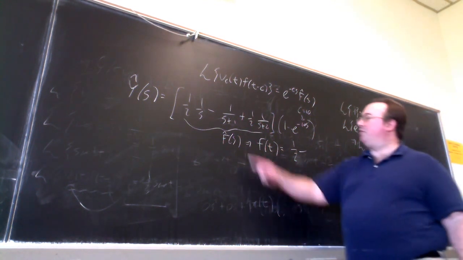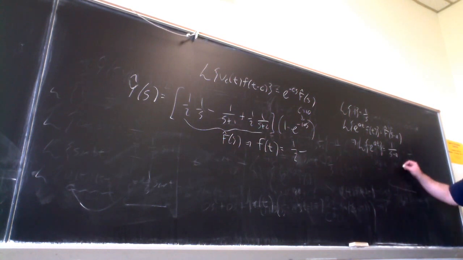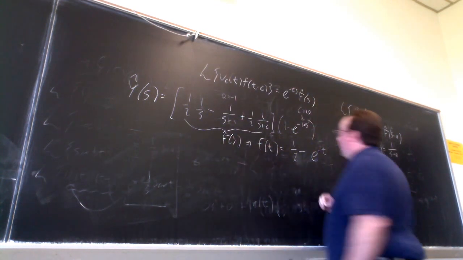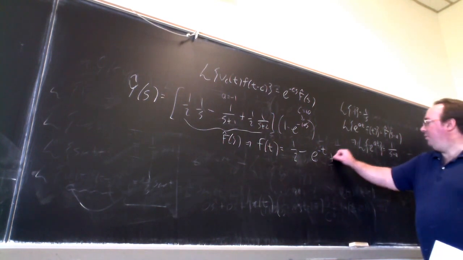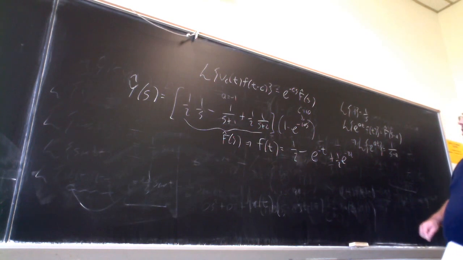Because it's s plus 1, but we're looking at s minus a. So for this term, a is equal to minus 1. So it's e to the minus t. And then what's the last term? Plus 1/2, yeah, e to the minus 2t.